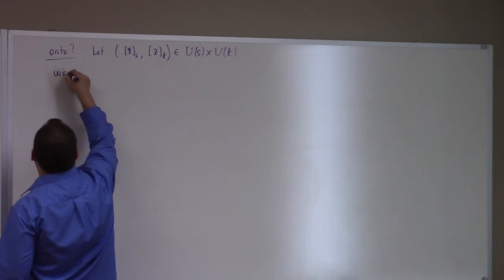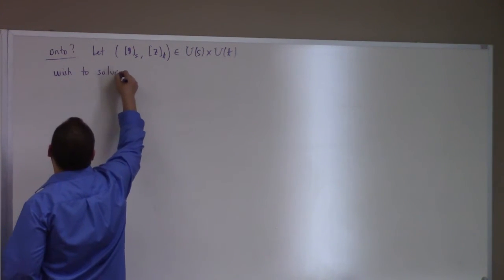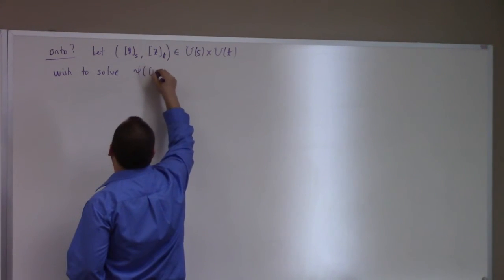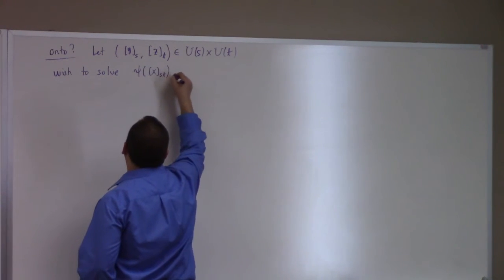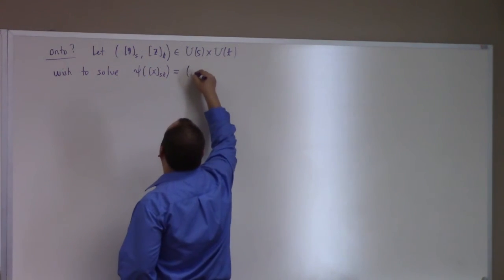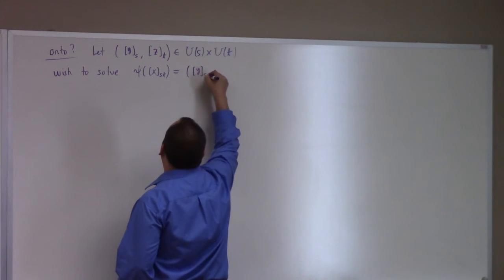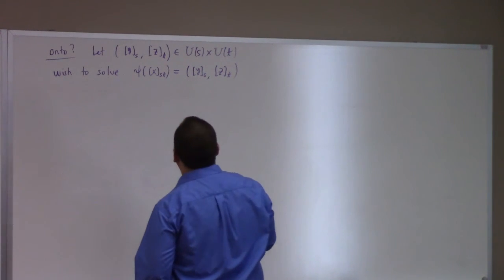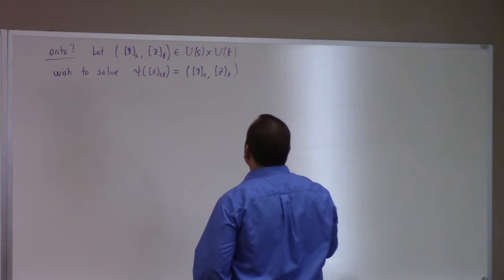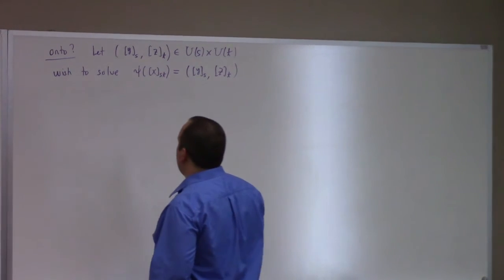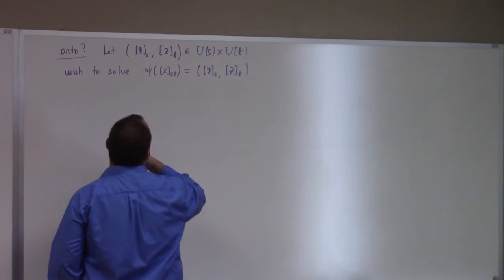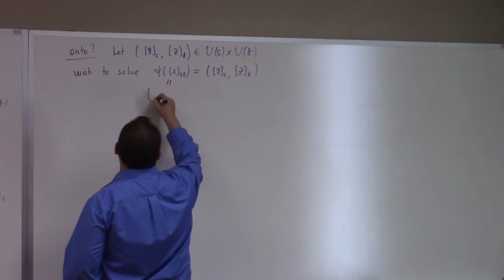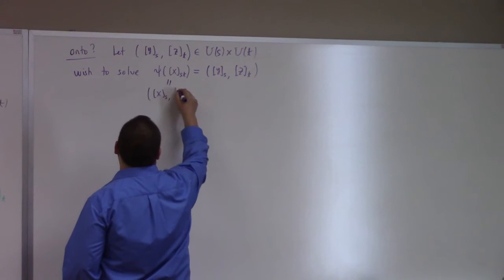We wish to solve what? We wish to solve psi of x sub st, right, equals y sub s and z sub t. Which means what? This is by definition x sub s, right? x sub t.